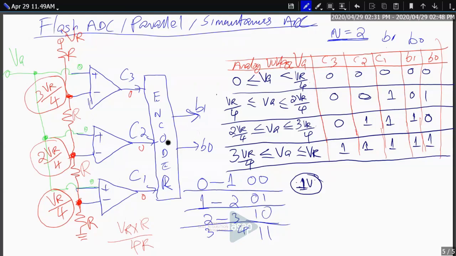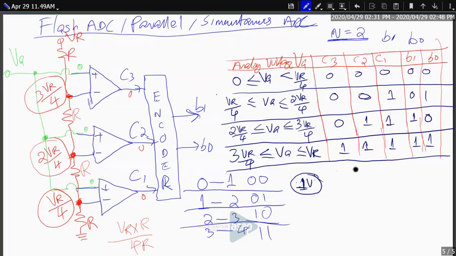Any voltage from 0 to 1 is called 0, 0. Anything from 1 to 2, if we assume VR equal to 4 here, which is convenient. Assume that the reference voltage VR is 4. Then this is 1 volt, this is 2 volt, this is 3 volt, so we can directly connect to our example.